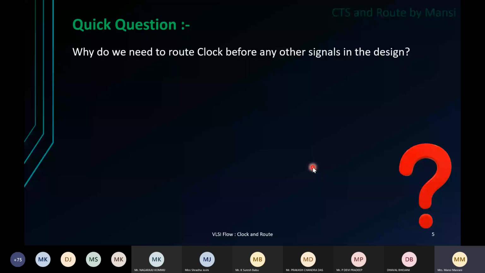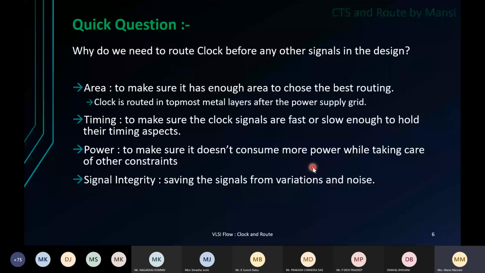We need to route the clock before any signals in the design, because we need to make sure that clock gets the maximum flexibility inside the block. You need to have open area, so that it has enough area to choose the best routing possible for the clock with the minimum delay. I believe when you went through the floor plan and placement session, you came to know that the very first thing we plan is the power grid.